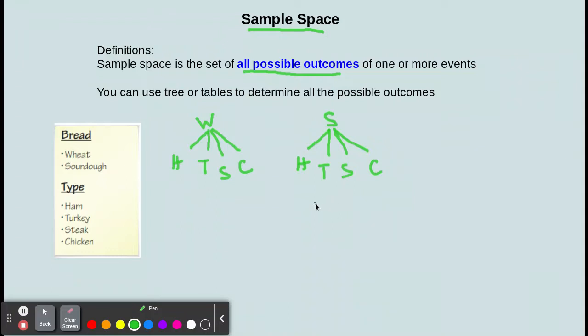Okay, so if we were to calculate these all out, we have 1, 2, 3, 4, 5, 6, 7, 8. So we have a total of 8 possible outcomes: a wheat sandwich with ham, wheat sandwich with turkey, sourdough sandwich with ham, sourdough sandwich with turkey, and it goes on and on. So there are a total number of 8 in our sample space.